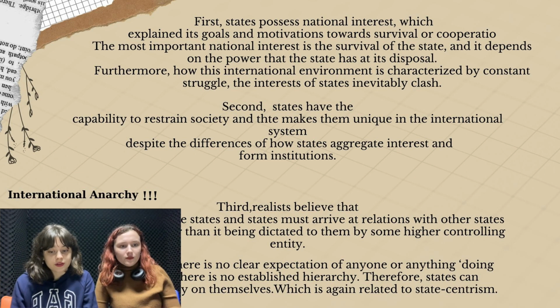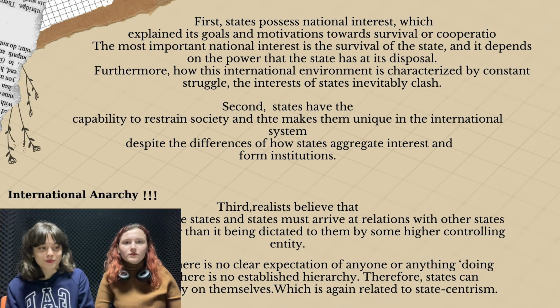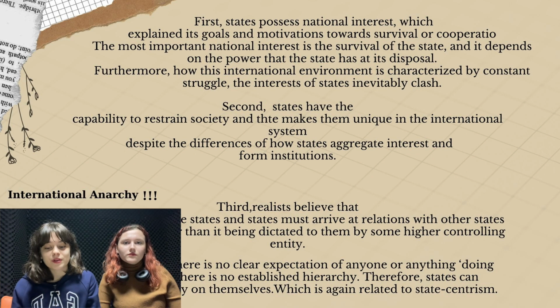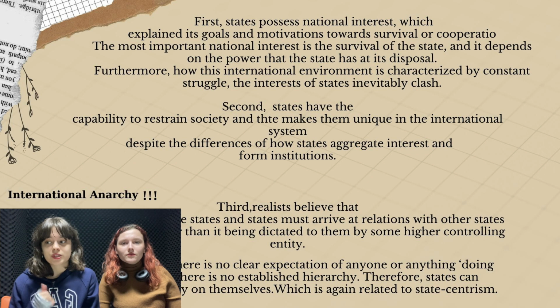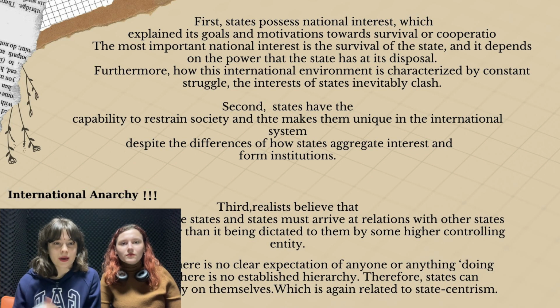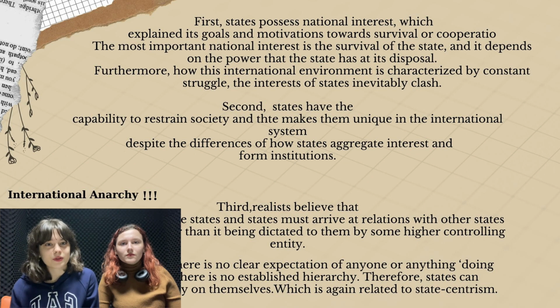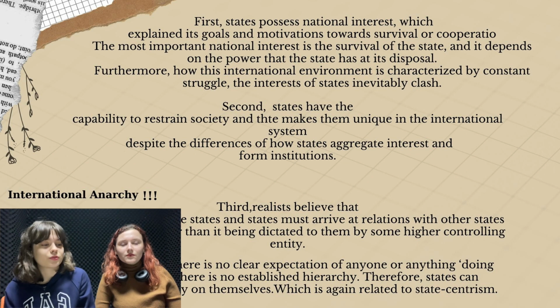Now, moving on to the second, as we talked before, states prioritize their own national interests, and they regulate and control. They have authority and control over their society, and this is what we call state-centricism and statism. I think there's a term called statism too.